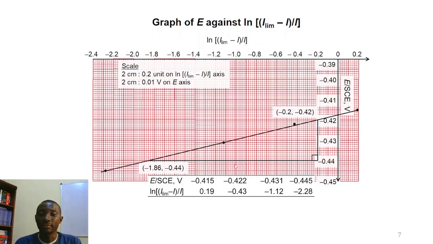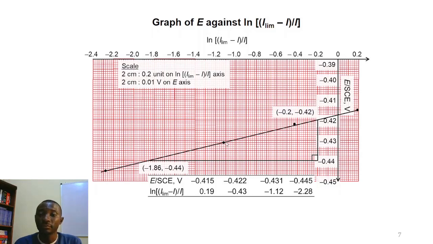On that basis, the first point is negative 0.415 against 0.19, which is this one. The next one is negative 0.422 against negative 0.43. That's the horizontal axis.